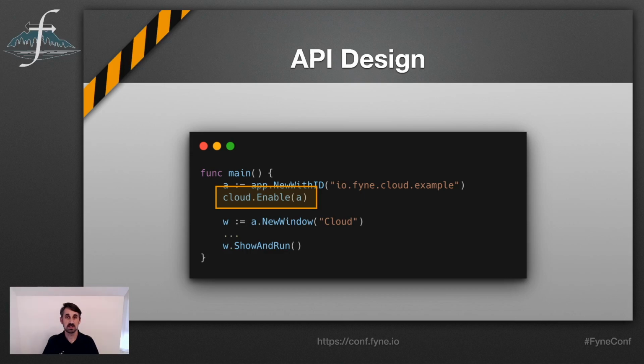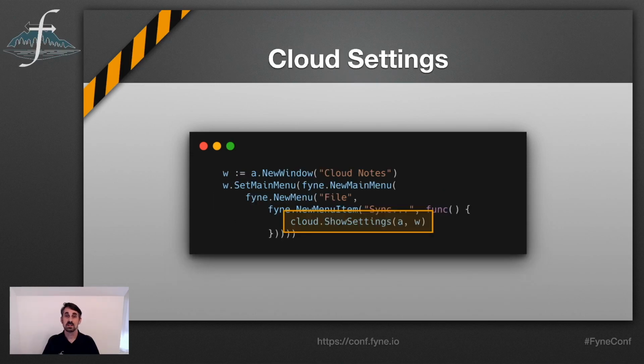cloud functionality. There will be the option for users to make their selection and configuration of the cloud infrastructure through a separate application. But if you would like to be able to hook in some user configuration inside your application, then that's going to be supported, perhaps in this manner, where we have a sync option in the file menu of the application.